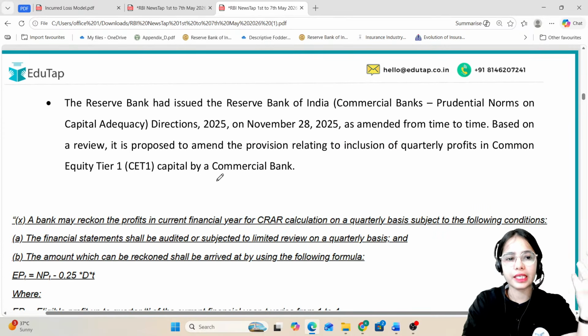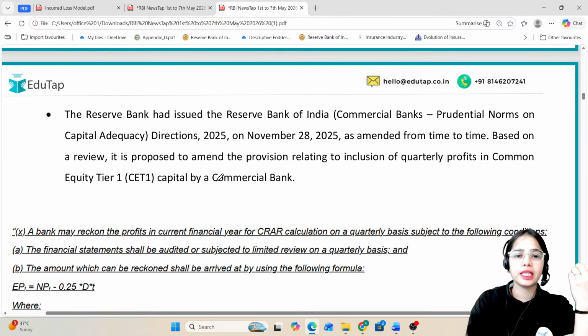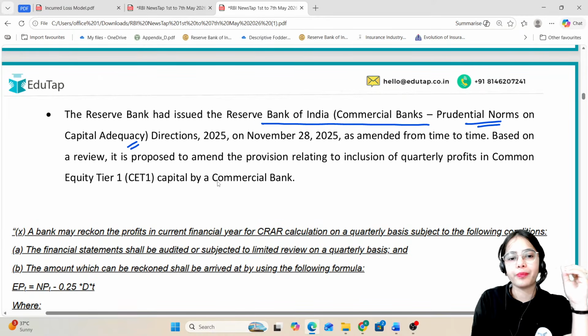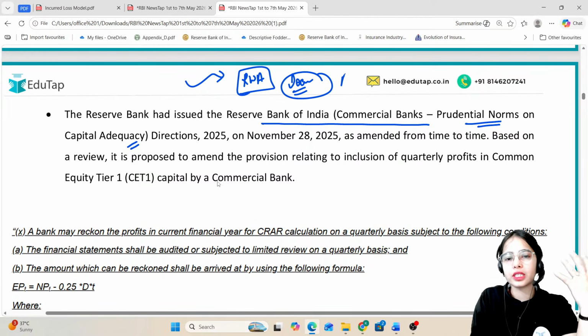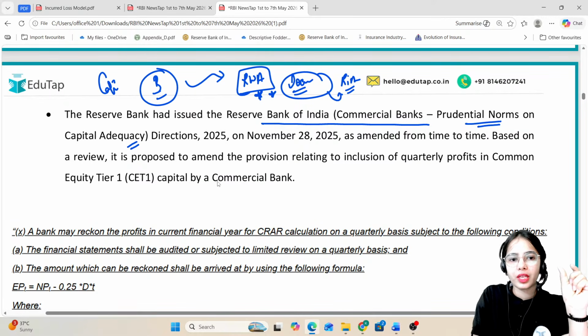The RBI has issued the Commercial Banks Prudential Norms on Capital Adequacy against the risk weighted assets, the risky loans that the banks are providing. Against the risk weighted assets, the banks have to maintain capital.